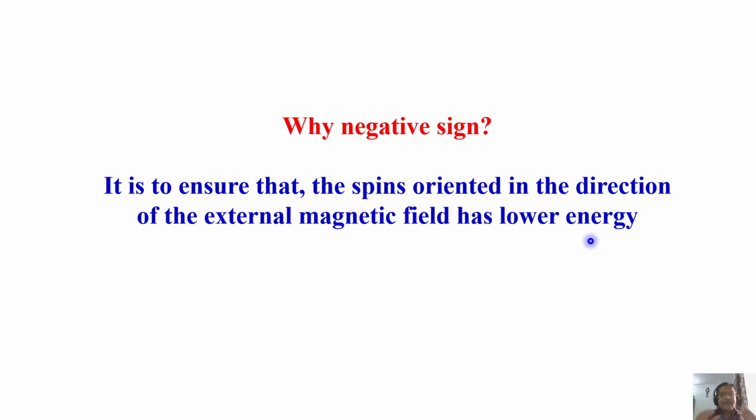This interaction energy was given by E equal to minus mu dot B. It's a dot product, both are vectors. This is the general energy equation I gave. Now we calculate the energy for each of the orientations and get the frequency, so that we know what the frequency is and how we get NMR. Everything we'll discuss in the next class.